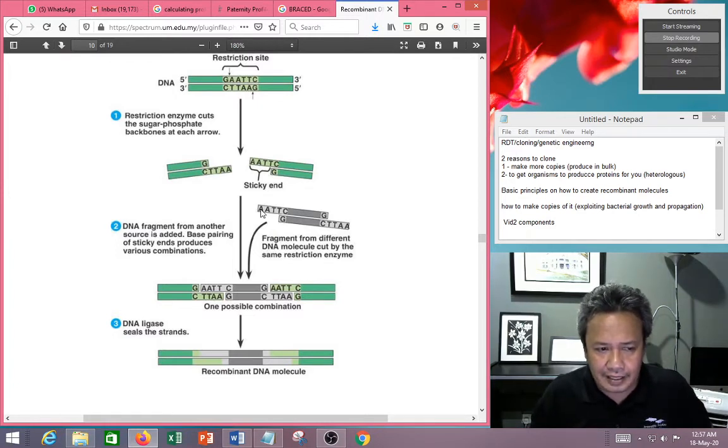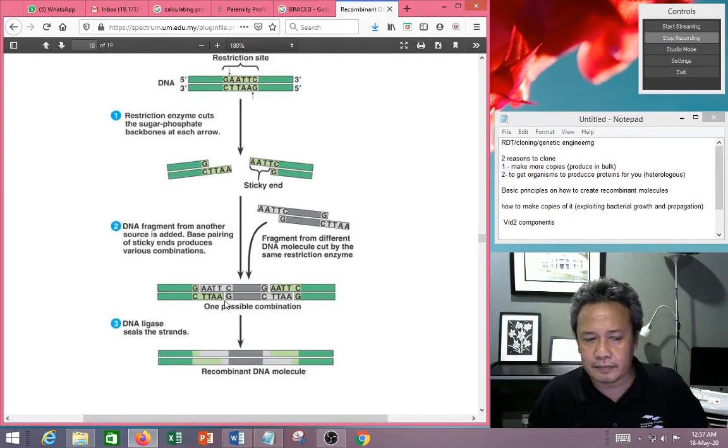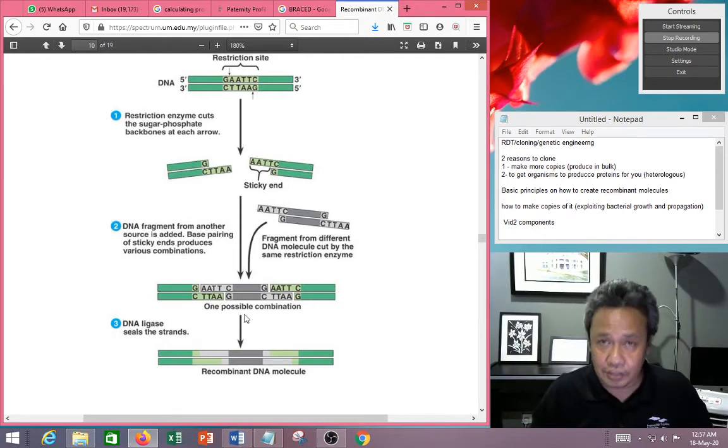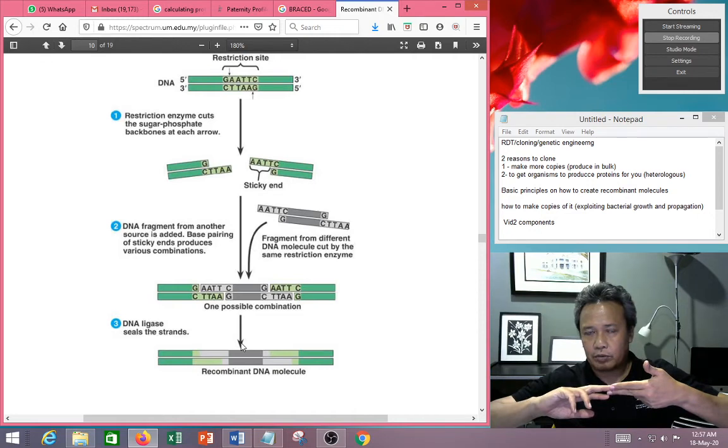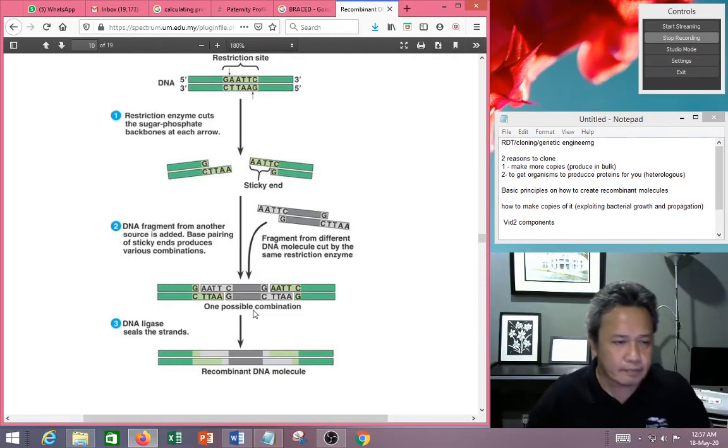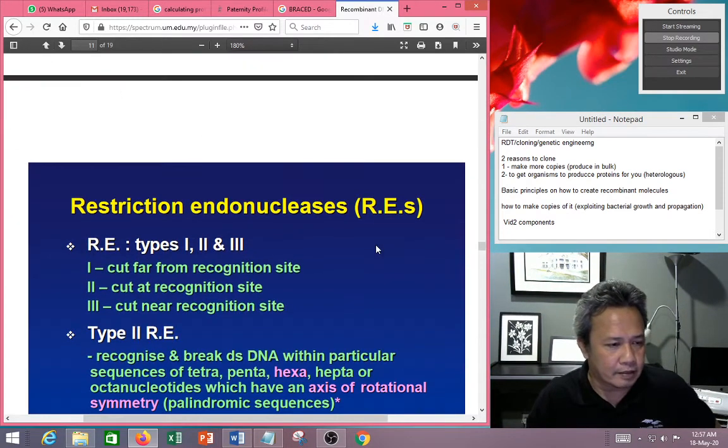Now, you'll find that this AATT can pair with that AATT, correct? So it matches, right? And then if you add ligase, it will seal this into a new molecule. Okay? This is in principle.